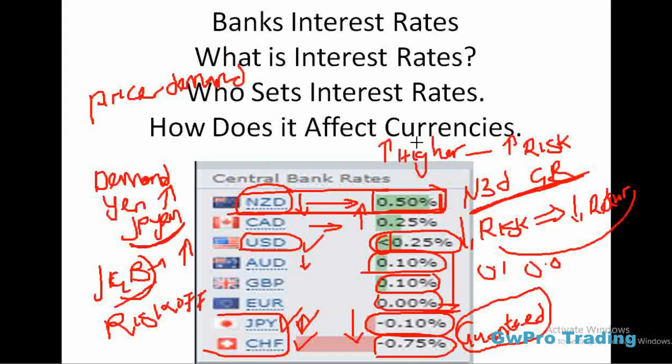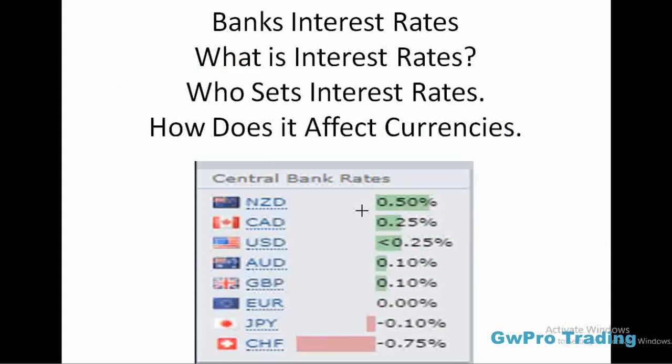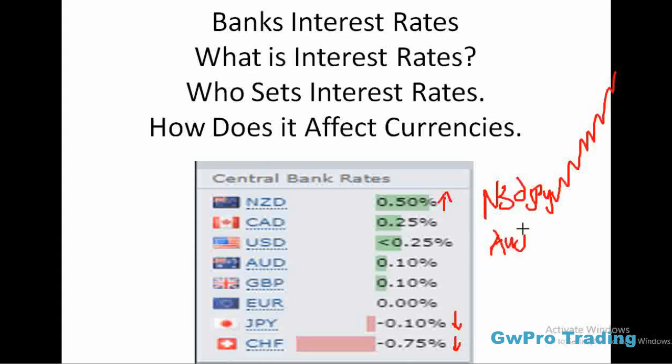So in a risk on market mode, you have the NZD going up, yen going down, CHF going down. Definitely you want to find the NZD JPY going up in an uptrend. And you want to see also the AUD JPY going up.